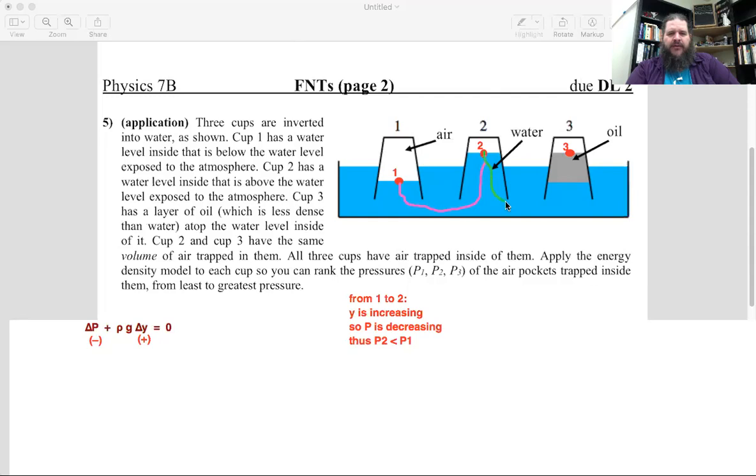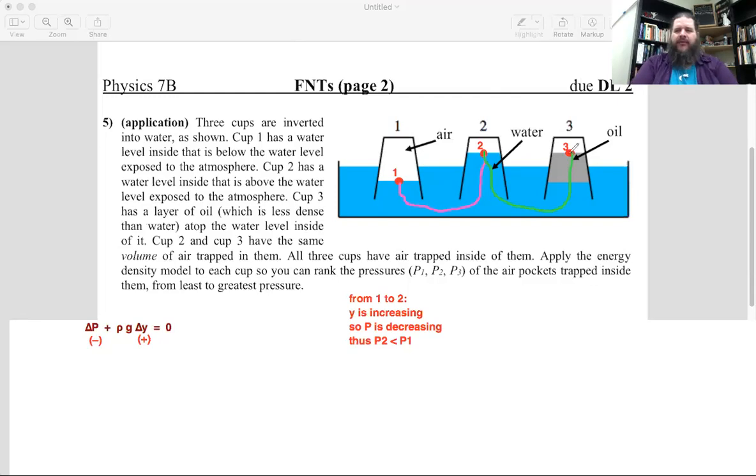And can we compare 2 directly to 3? Well, wouldn't delta Y be 0? Yeah, there's no difference in height, but what's the problem with the path from 2 to 3? Oh, there's a different fluid.